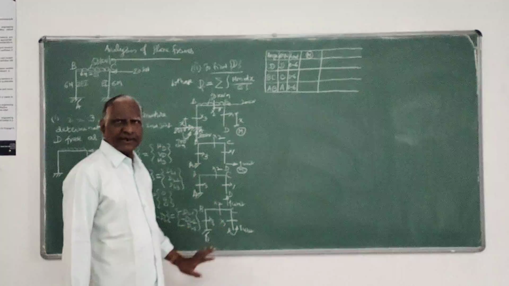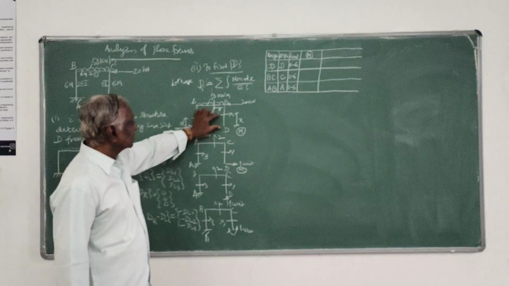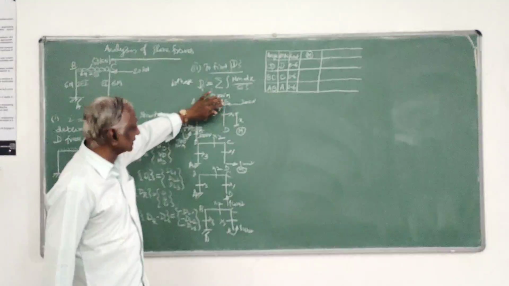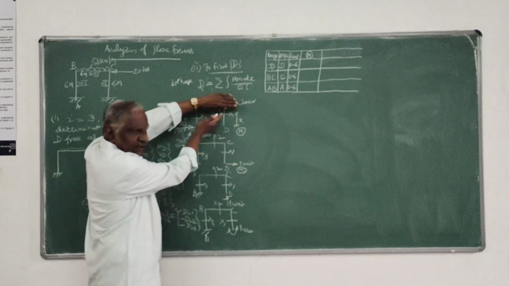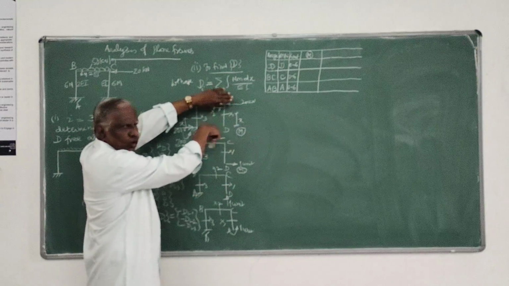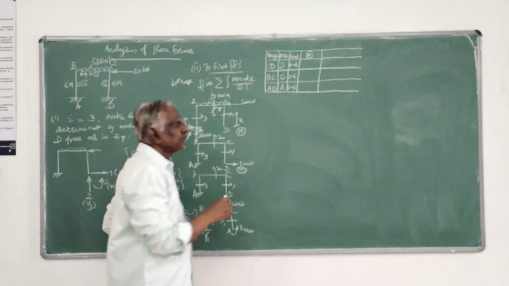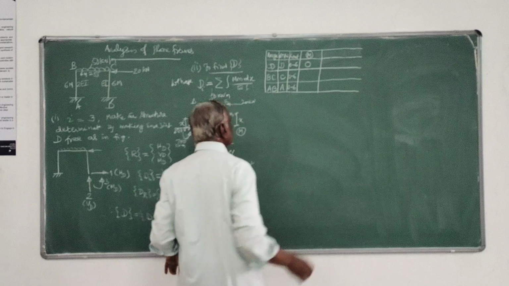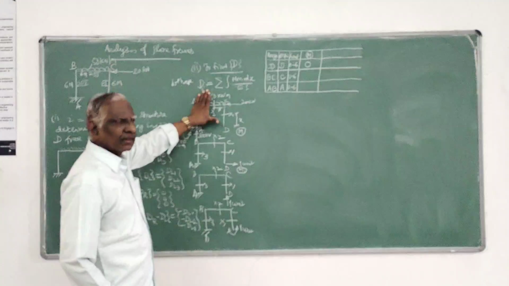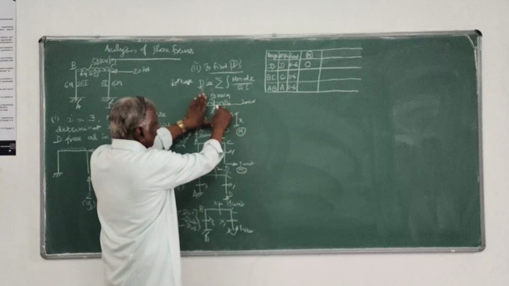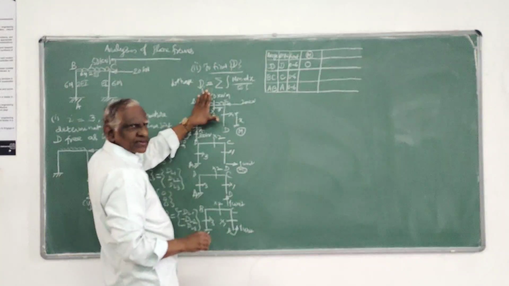Now I will evaluate M, capital M. For this section, I will consider the free body diagram towards the right. There is no load, so naturally the moment about that section is 0. Next, for this, I will consider the free body diagram towards the right side of the whole structure.